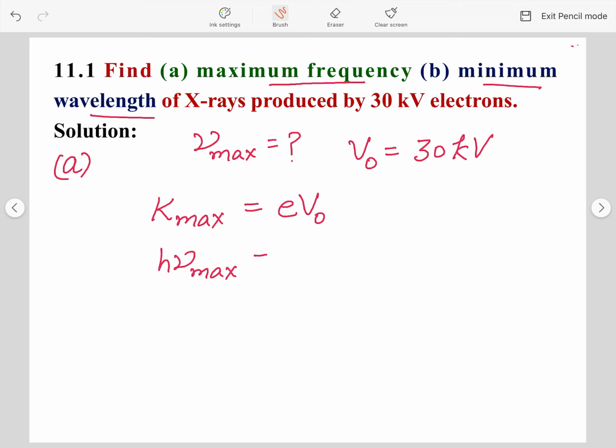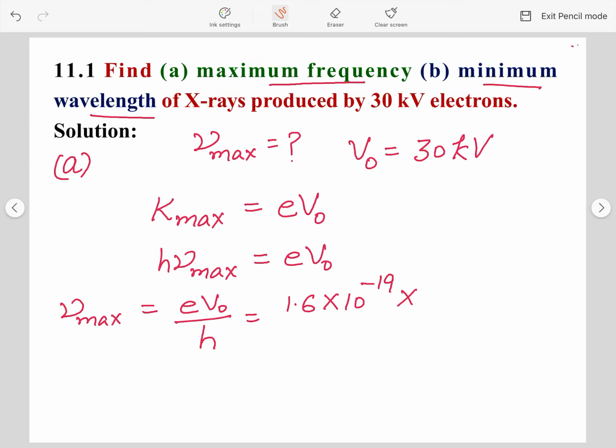h nu max is equal to eV naught, or nu max, meaning maximum frequency, is equal to eV naught upon h. Put the values. The value of e is 1.6 into 10 raised to power minus 19.